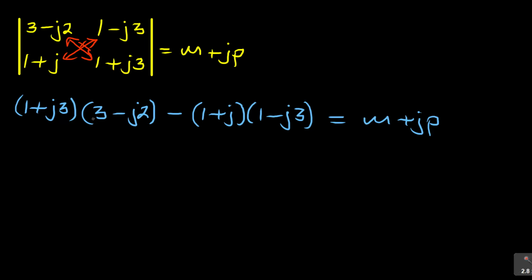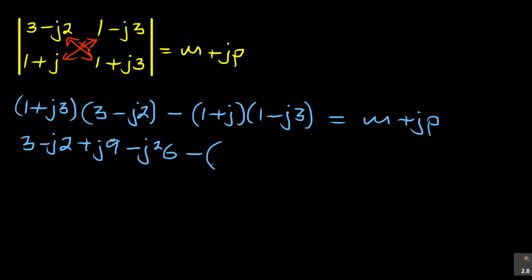So if I'm opening the bracket here, it's normal expansion. 1 times 3, I get my 3. 1 times j2 is negative j2. j3 times 3 is plus j9, or 9j, still fine. And then j3 times negative j2 is minus j squared 6, and 3 times 2 is 6. That's the first one.